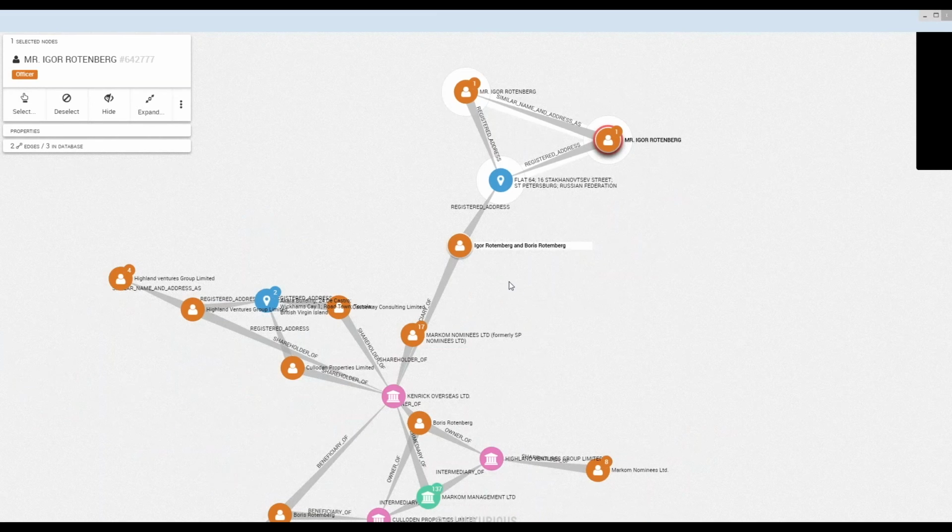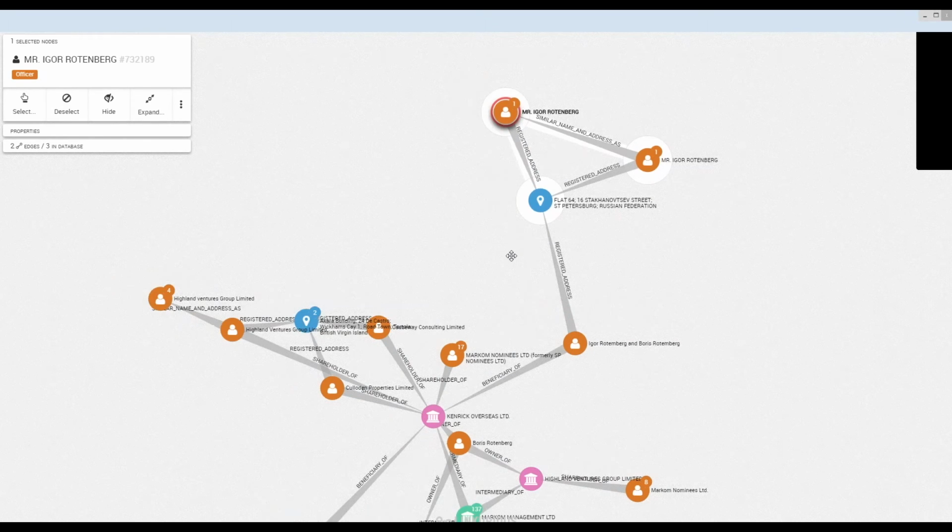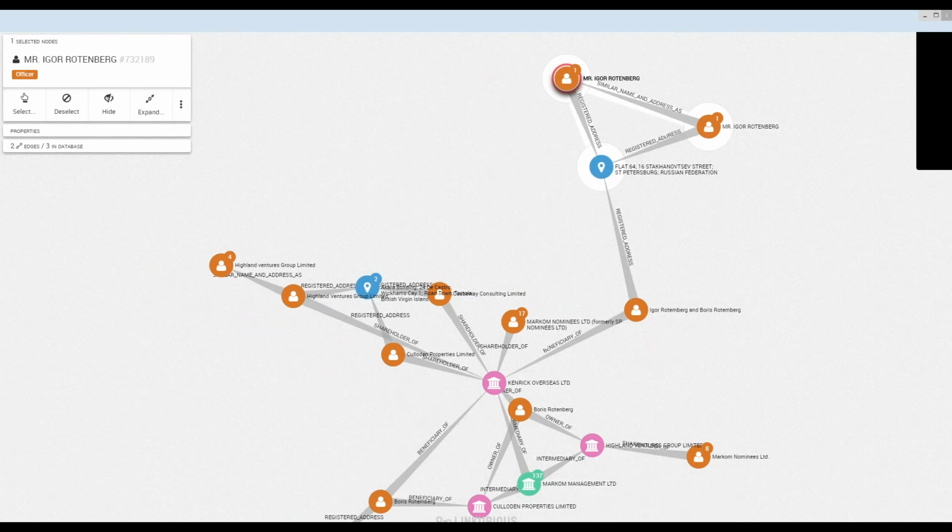So these occurrences are coming from a different file. We can assume, but as they share the same address, we are able to trace them back to Boris Rotenberg, with whom we started our investigation. So we started with Boris, and now we have found his brother Igor Rotenberg.